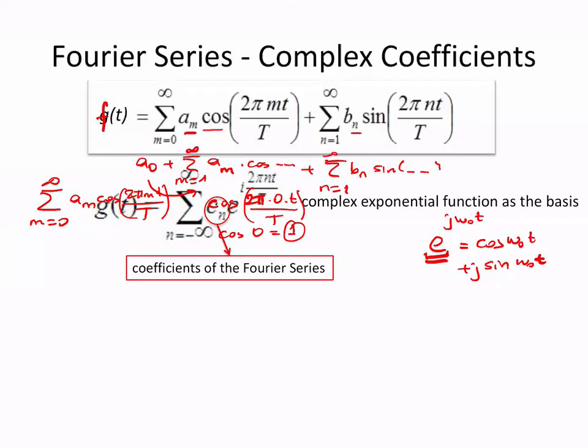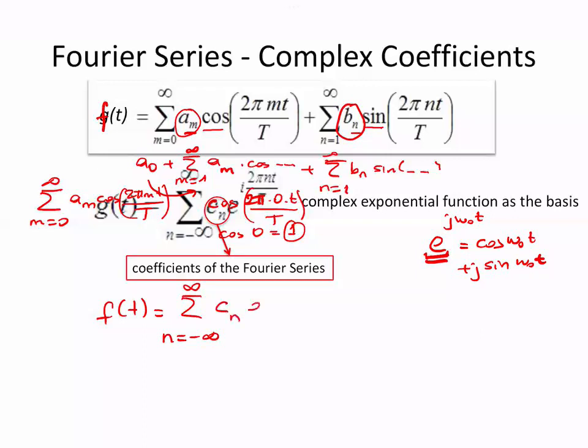You see, we have cosine and sine here, and we have the coefficients of cosines and sines. Instead of dealing with these cosines and sines, Fourier came up with the idea of representing everything in terms of complex coefficients, okay?